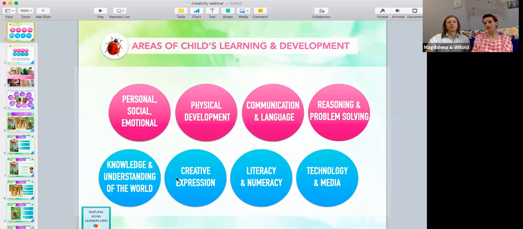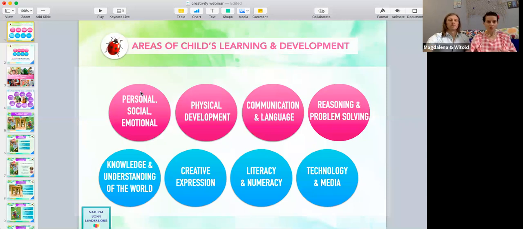And finally, we have technology and media, which is also about technology as we know it today, but not only about that, also about how things work, how things are created and produced. It's not only about high tech. It's about how things are made.